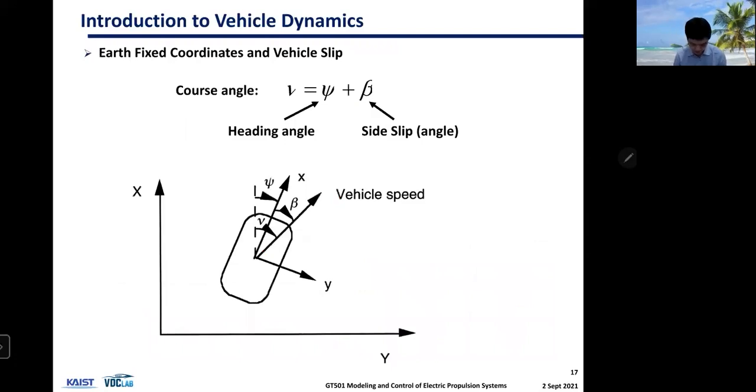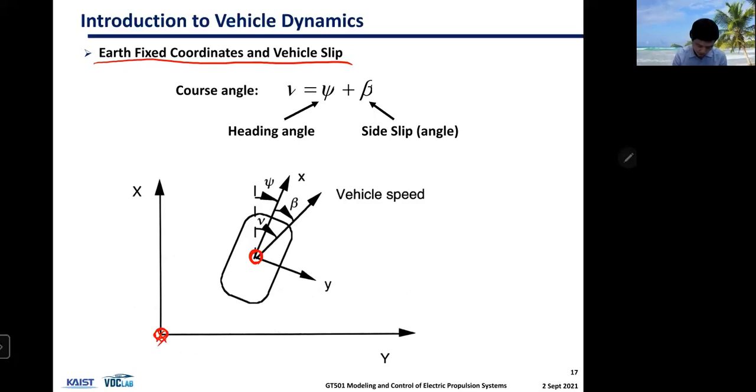And then there's also Earth fixed coordinates. So this is Earth fixed coordinate, and this is a two-dimensional top-down bird's eye view, and this is body fixed, and this one is Earth fixed.